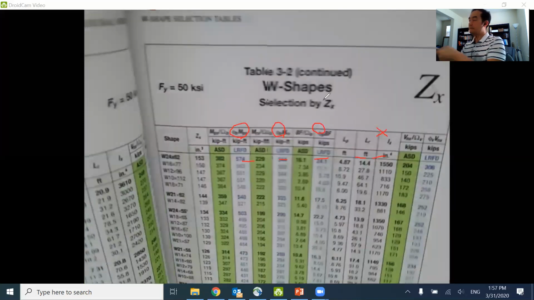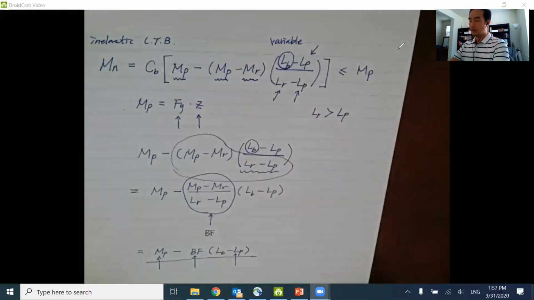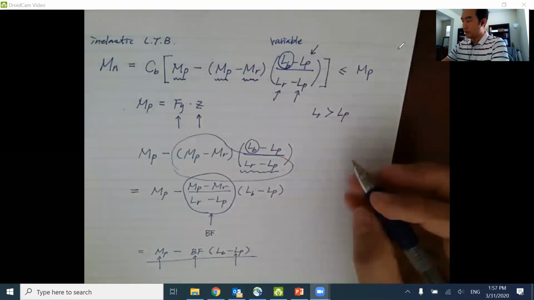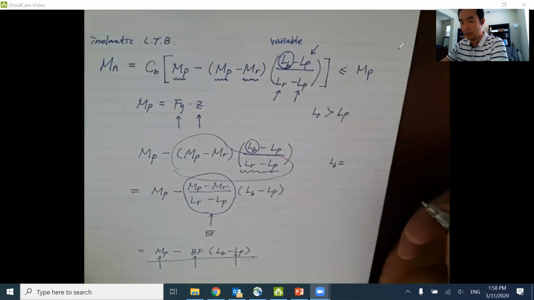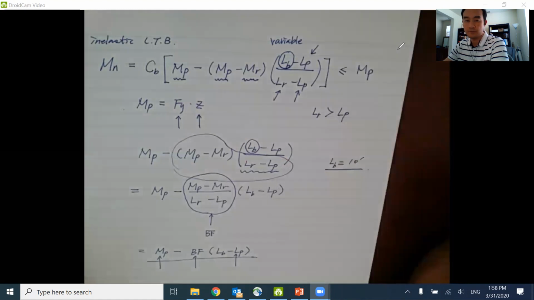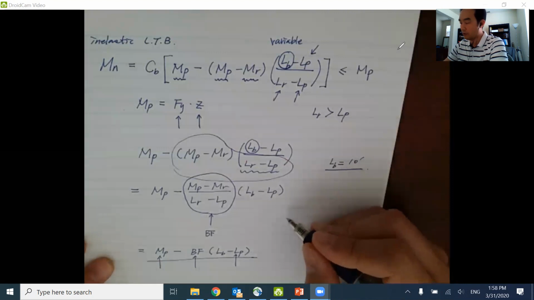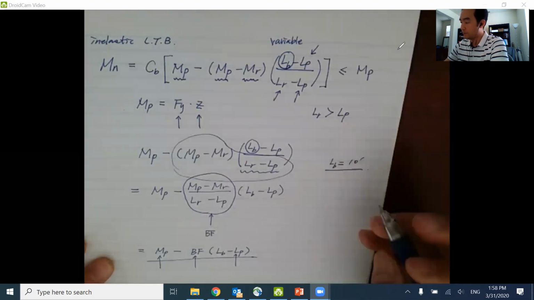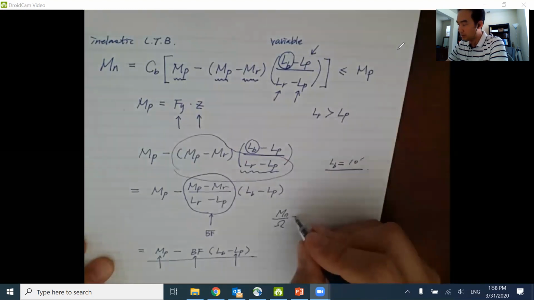So let's say we have a beam, and let's say Lb, which is greater than Lp of 4.87, is going to be 10 feet. And what is going to be our factored Mn? Now I'm talking about Mn over omega.